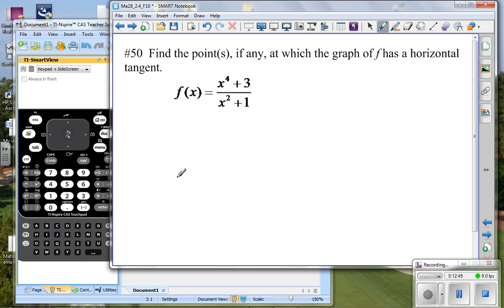Okay, very quickly before the time runs out, if we talk about this problem, where does it have a horizontal tangent line? If it has a horizontal tangent line, the slope is 0.